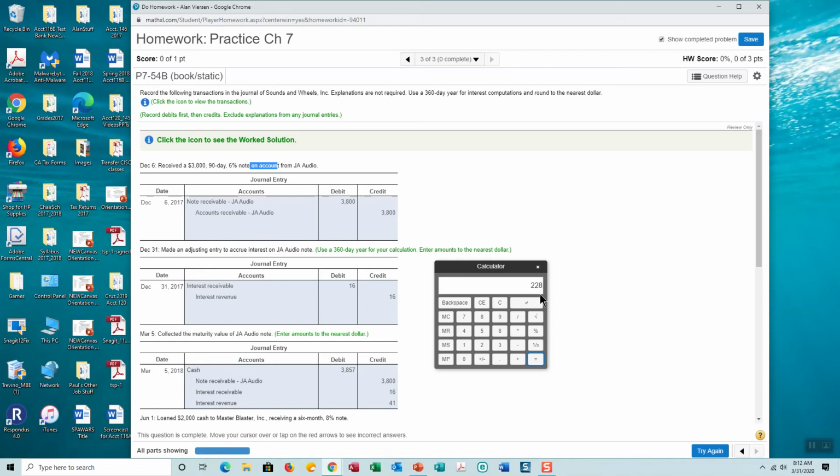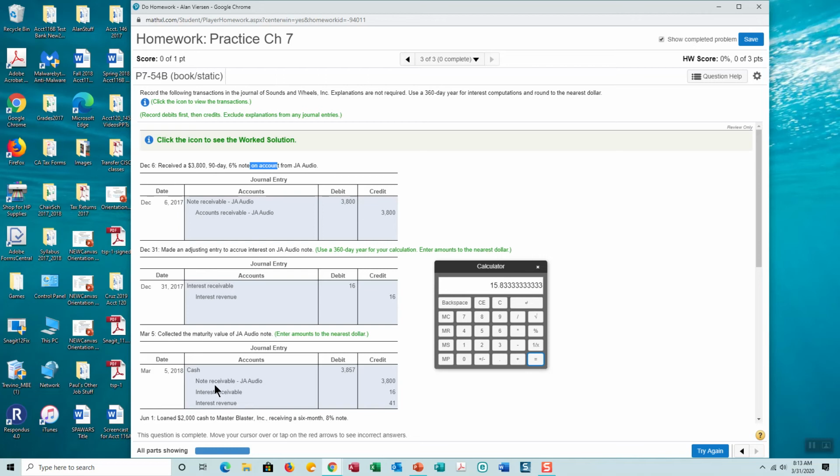The annual interest is $228, and then we multiply that by the number of days, 25, divided by a 360-day year, and we round off to the nearest dollar, so that's $16.